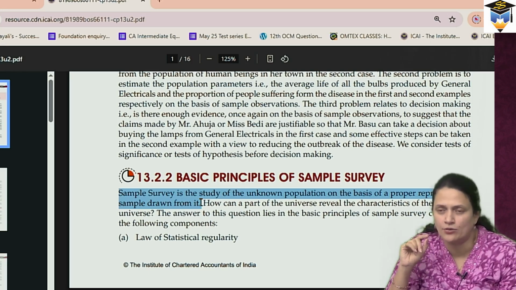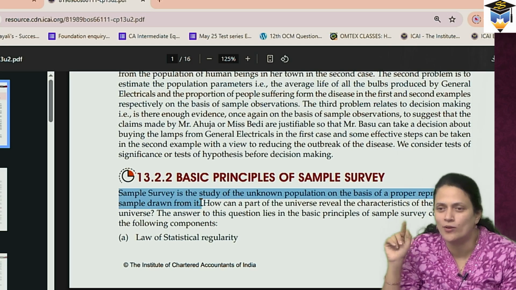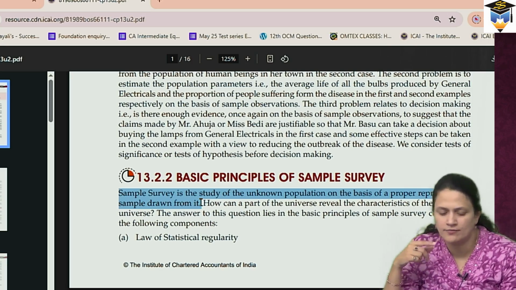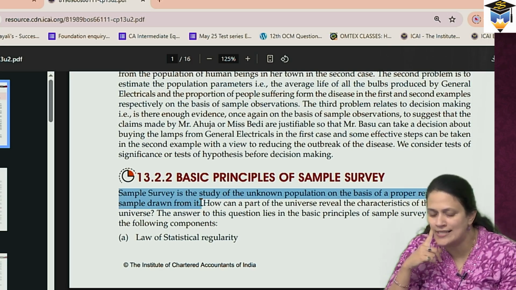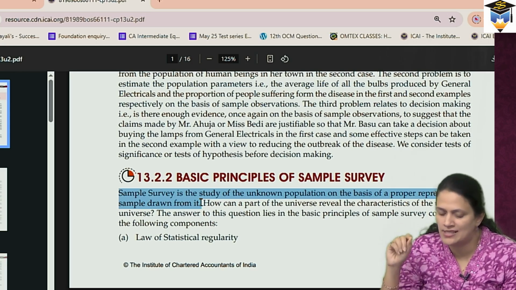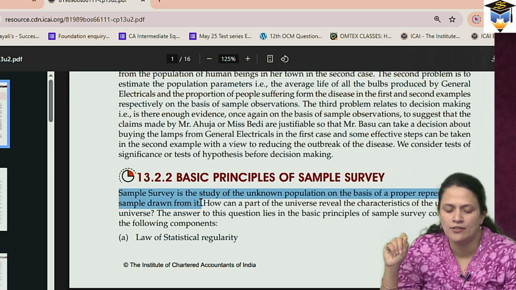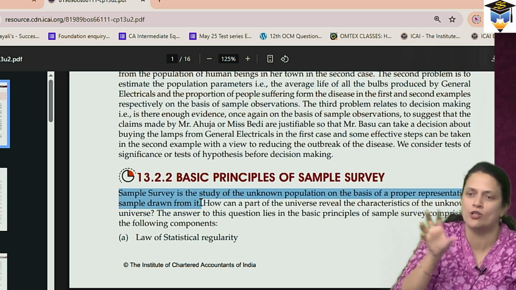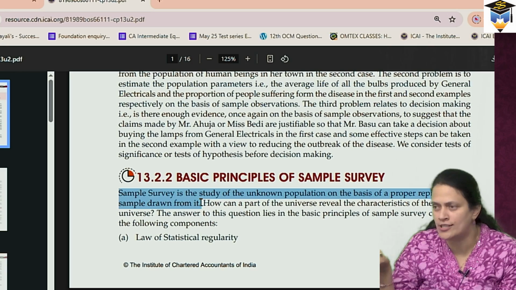Okay. Write down, why is sampling important? First point, cost effective. Studying the entire population can be expensive and time consuming. So instead of taking the entire population, it is converted into groups or samples to make it cost effective.